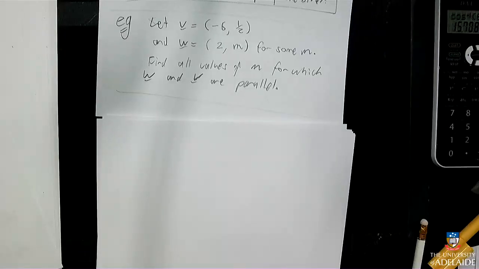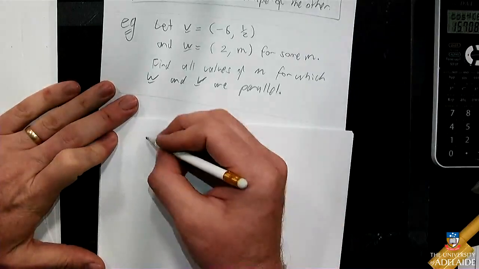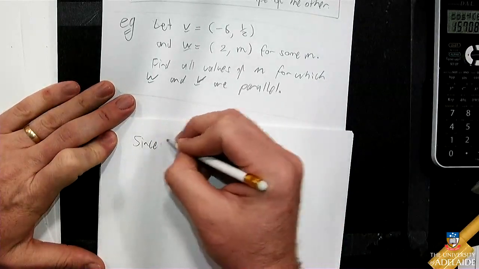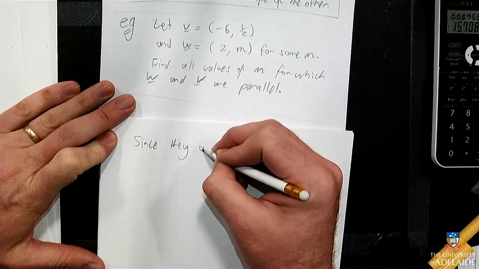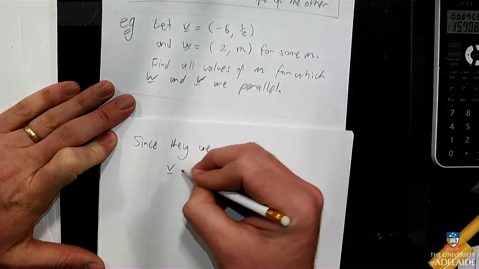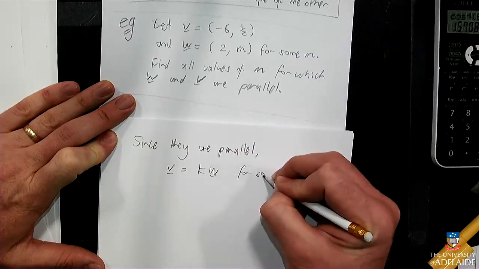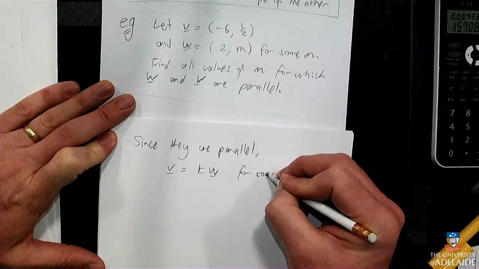Let's figure it out. So if they're parallel, one of them must be a scalar multiple of the other. So we must be able to say V must be k times W for some k.